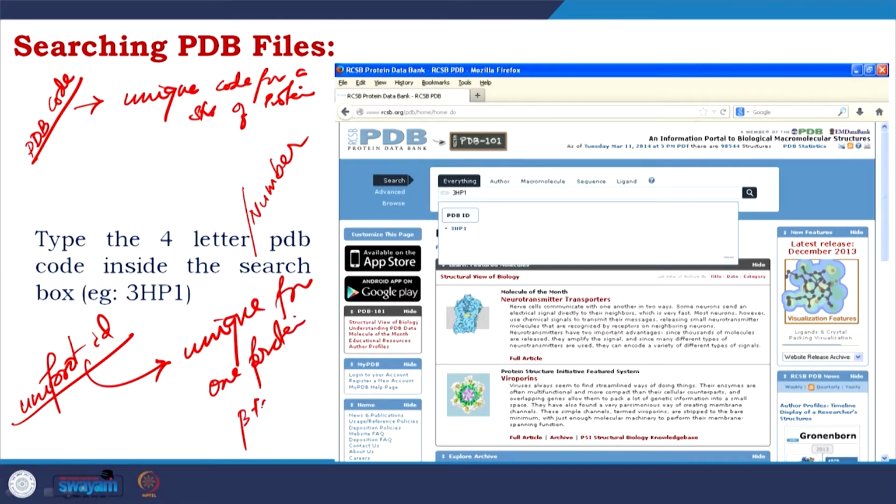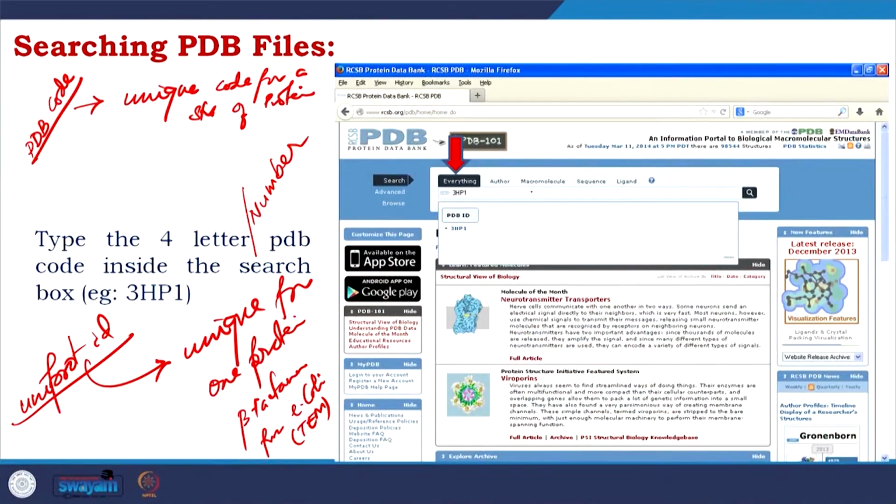So, if you have beta lactamase from E. coli, the TEM, it would have only one UniProt ID, but it could have many PDB IDs. You have to understand that. So, you take the unique PDB ID, which is unique for a structure, and give a search.